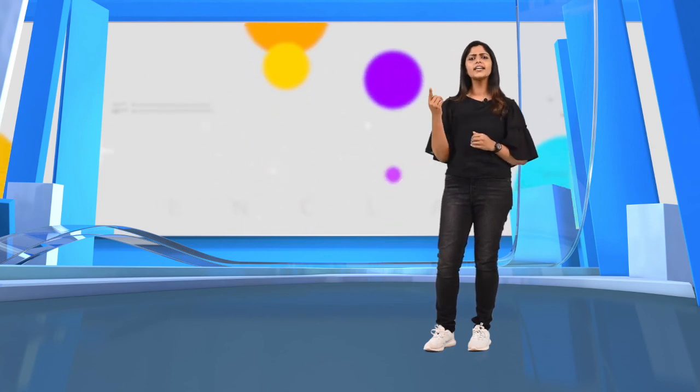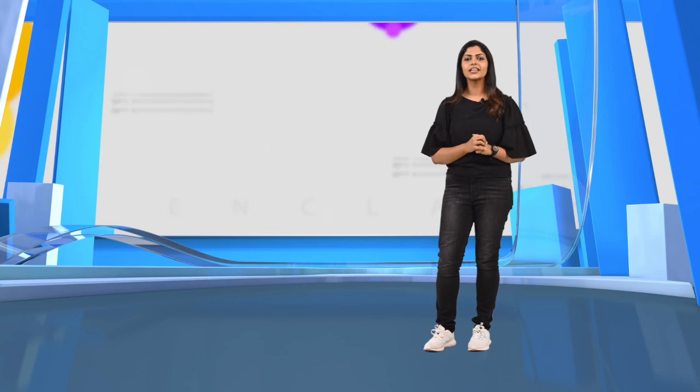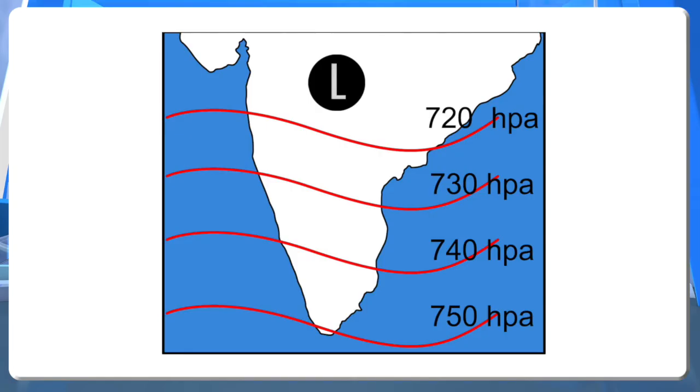If the atmospheric pressure of an area is higher than that of the surrounding regions, then it can be designated as high pressure. So we can write H over here. Similarly, if the atmospheric pressure of an area is lower than that of the surrounding regions, just like in this picture, then it can be designated as low pressure. We can write L over here.